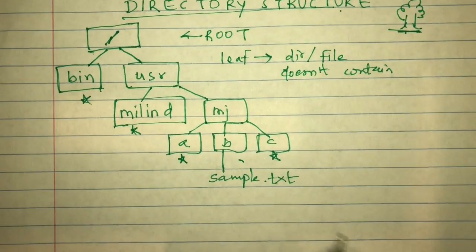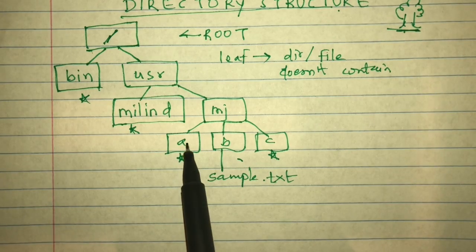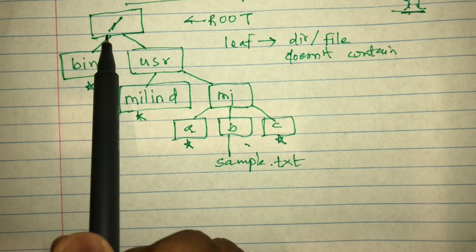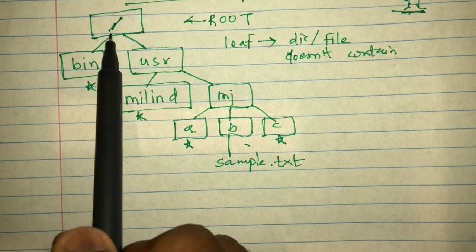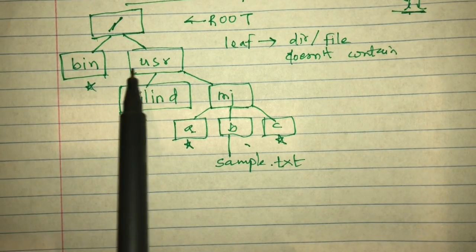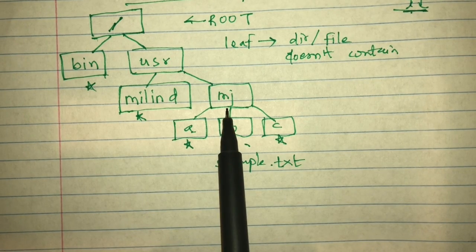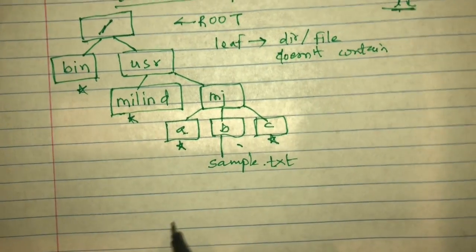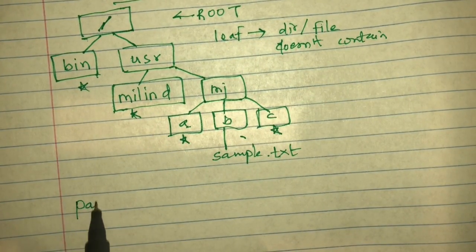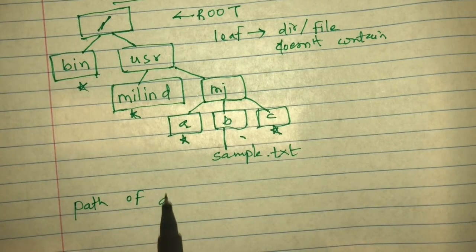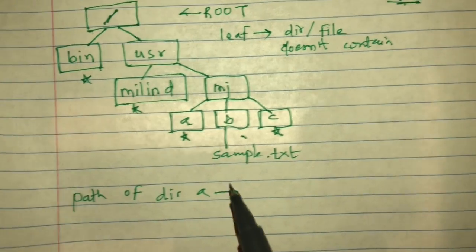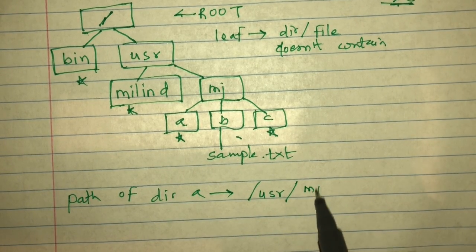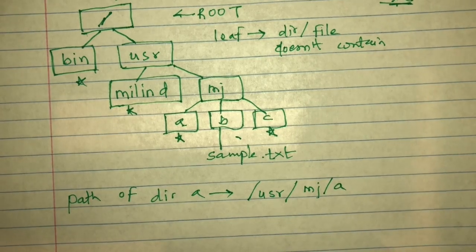So if you got this correctly, and I hope I was able to explain it in a proper way, if I want to see where the directory A is situated, I can traverse the path from the top. I will go first to the root, then I'll go to the USR directory. Inside the USR directory, I'll go to directory MJ, and after directory MJ, I'll go to directory A. So the path of directory A becomes /usr/mj/a.